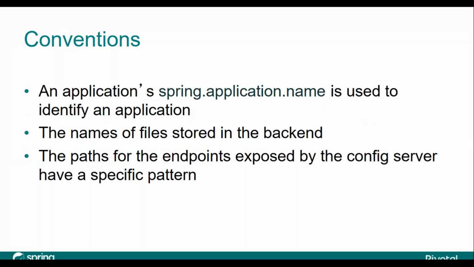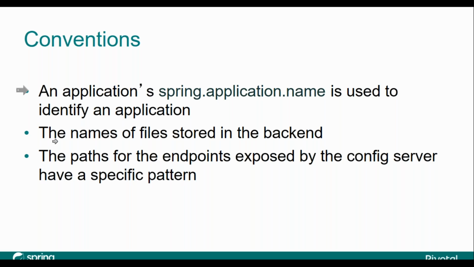Now going further, I'd like to talk about your conventions. Whenever you work with your application, your spring.application.name should be used in order to identify your application in your local environment. That is where this becomes your mandatory property for your application.